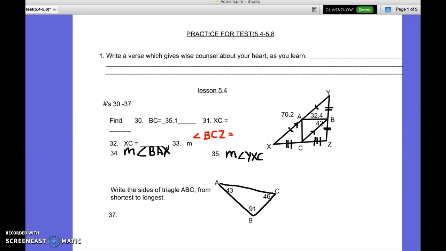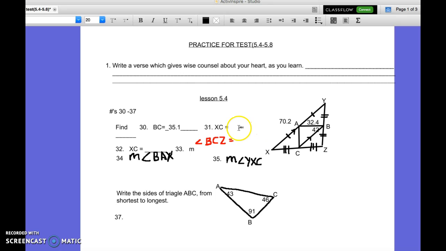So XC will be the same as AB, which is 32.4.